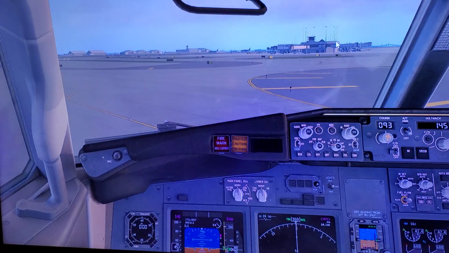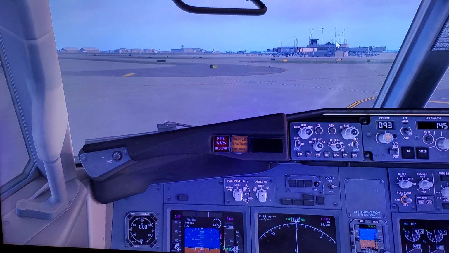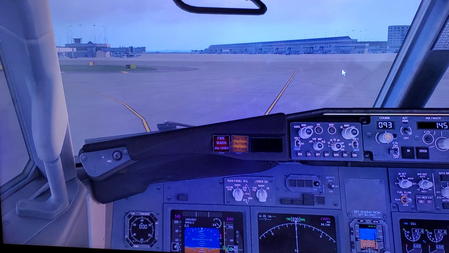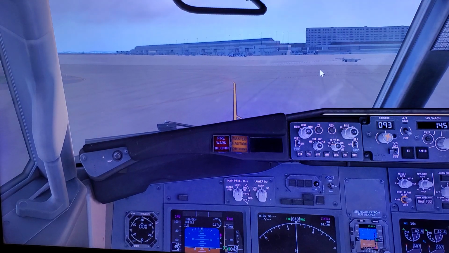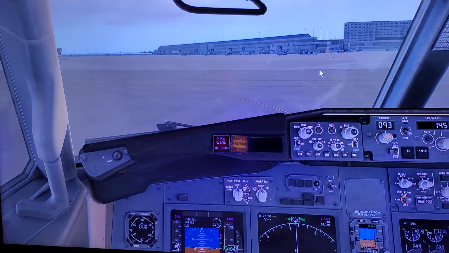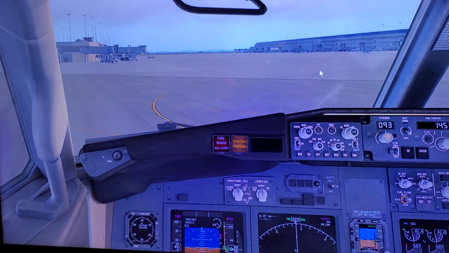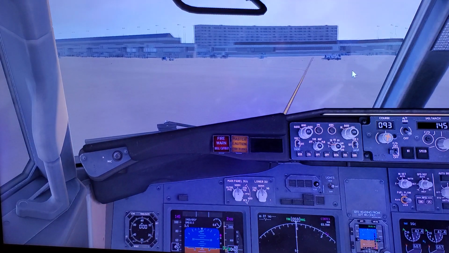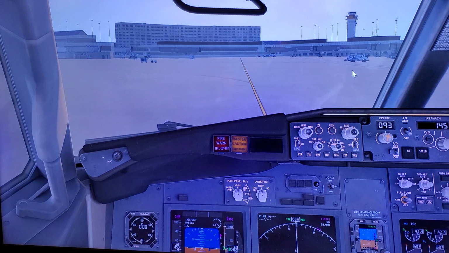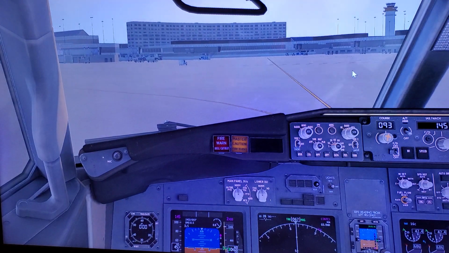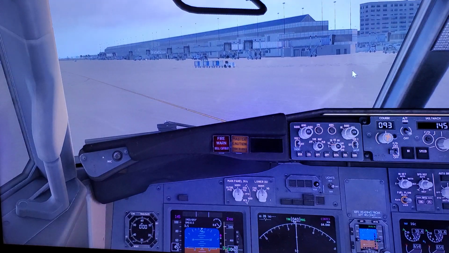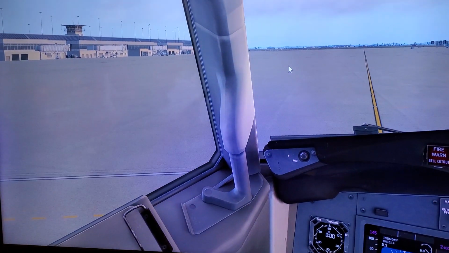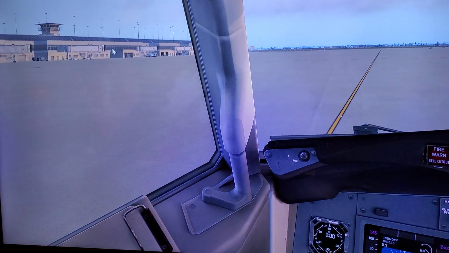Find our way to the gate. And I'm going to go on this one.